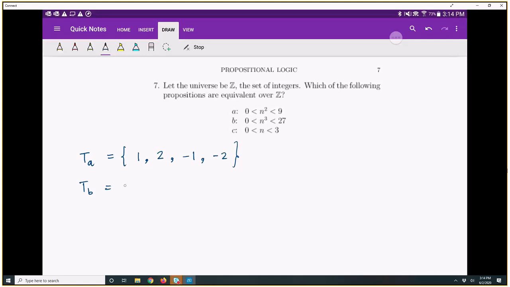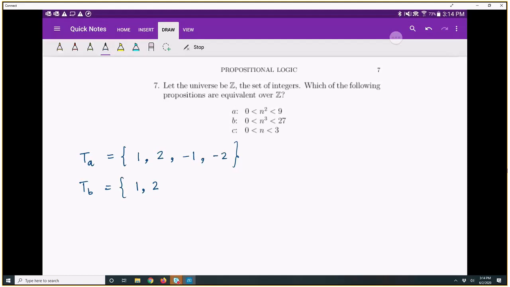The proposition B is 0 is less than n cubed is less than 27. So let's think the same way. 1 cubed is 1, so it's between 0 and 27. And 2 cubed is 8, so it's between 0 and 27. But 3 cubed equals 27, so I can't include 3.